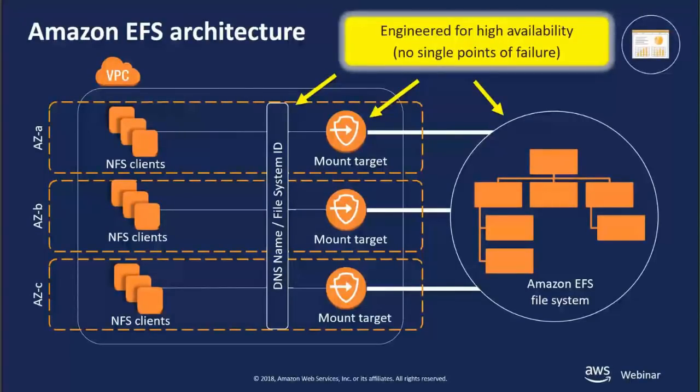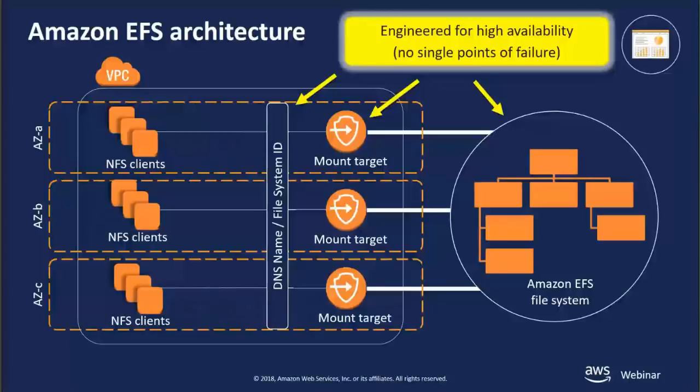So let's dive a little deeper into the architecture of EFS, and we can show you what's happening. When you create an Amazon EFS file system, you create this within a region. You do not create it within a VPC. You give access to that file system to resources within a VPC using a construct that we call mount targets.